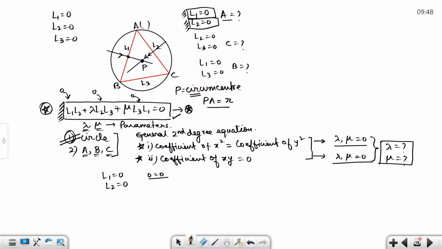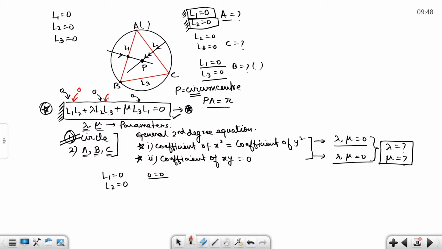Similarly, how will I prove that point B is also satisfying this circle, that is, the circle is passing through this point? Simply I will put the coordinate of B in this equation. Right after putting the coordinate of B, your L1 becomes 0, L3 becomes 0. As L1 is 0, this part will become 0.